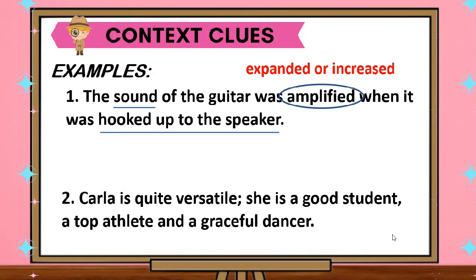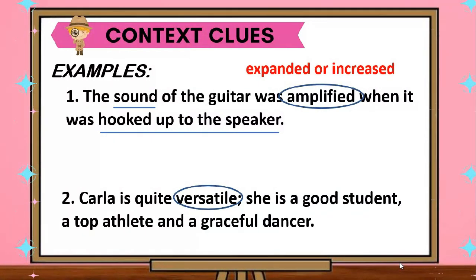Another example. Carla is quite versatile. She is a good student, a top athlete, and a graceful dancer. What word in the sentence is unfamiliar to you? Versatile. In order to figure out the meaning of the unfamiliar word versatile, you must find a hint or a clue from the words in the sentence that surround the unknown word.